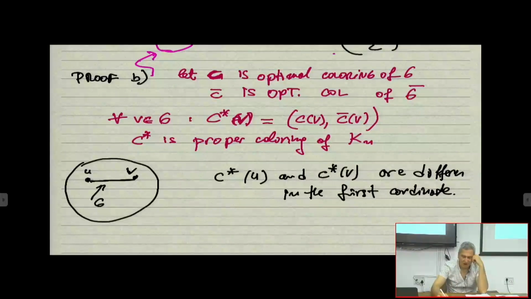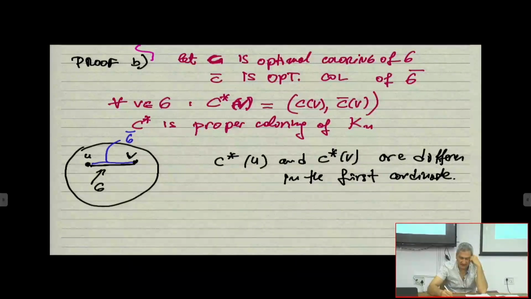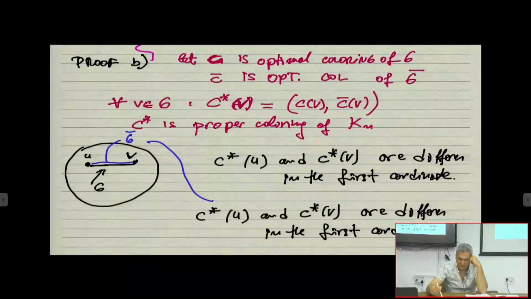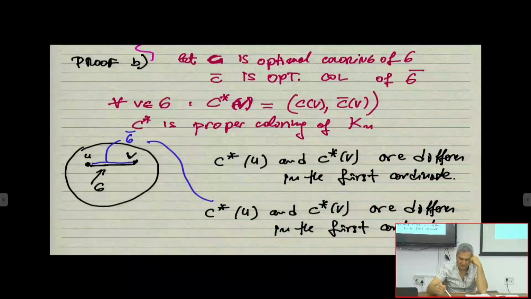And what if U and V are adjacent in G complement? That means they are not adjacent in G. Then these two, instead of writing, I will copy paste, and we use the color blue, in the second coordinate, yes?